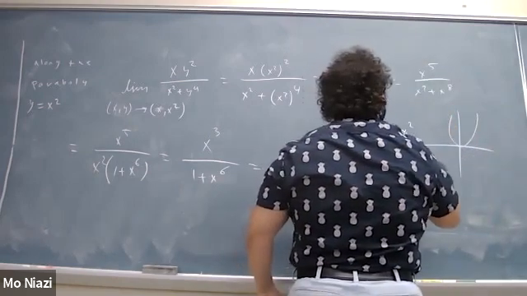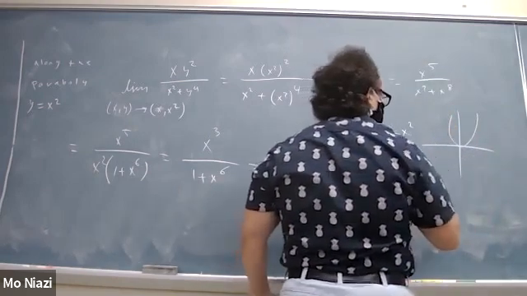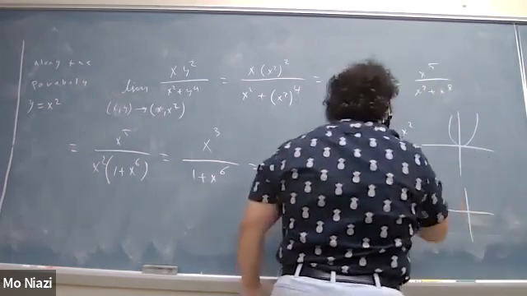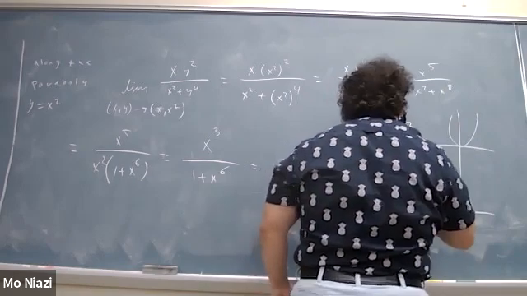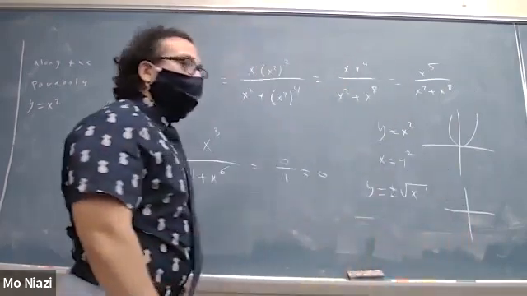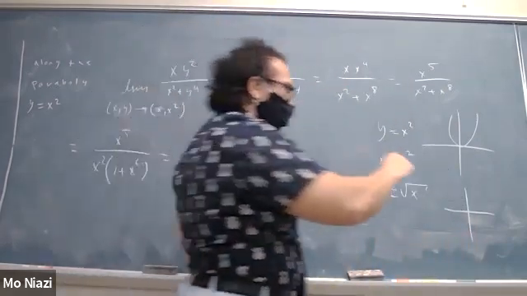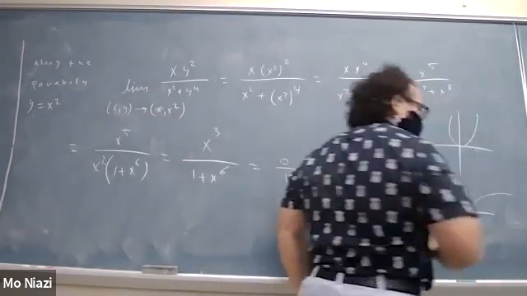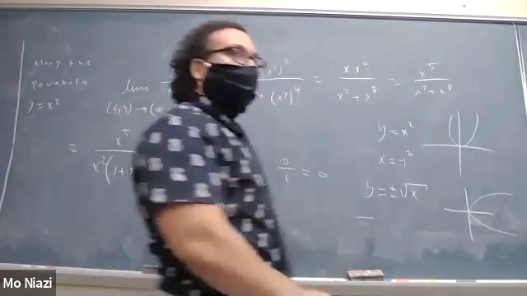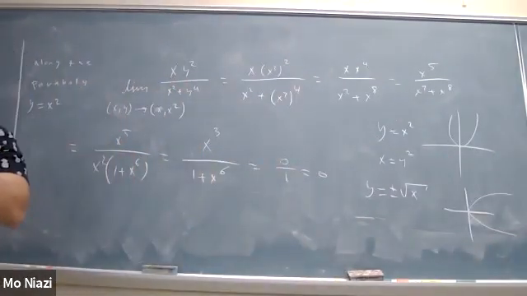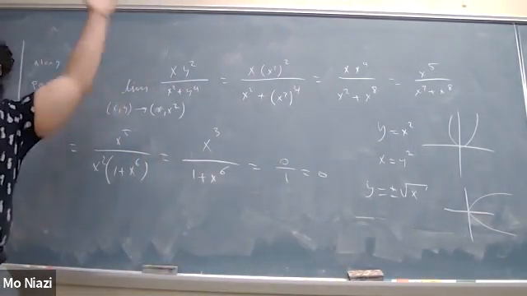But x is equal to y squared, what does that look like? All you have to do is take the square root of both sides to see. You get y is equal to plus or minus root x. And square root of x is like this. So the minus part gives you this.